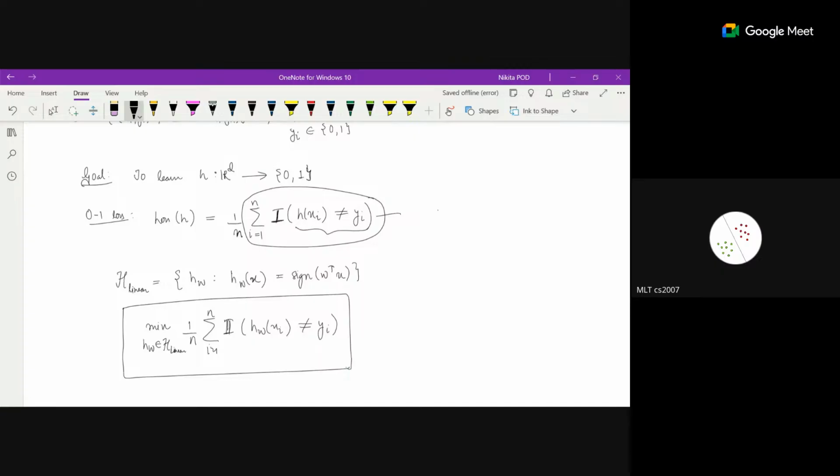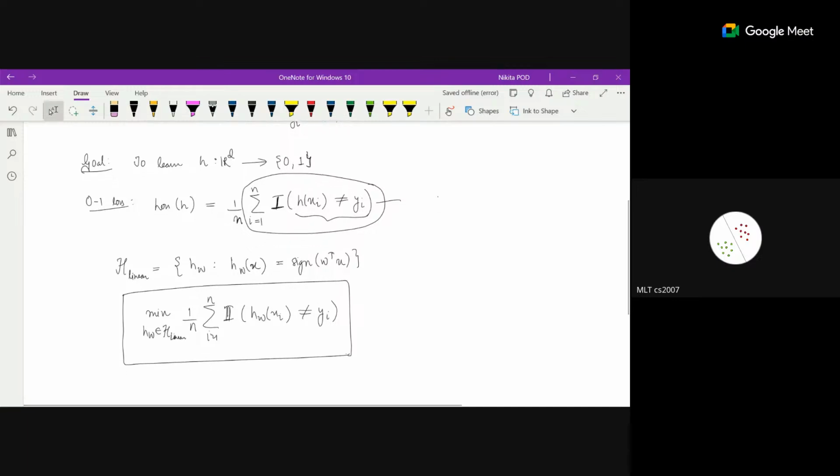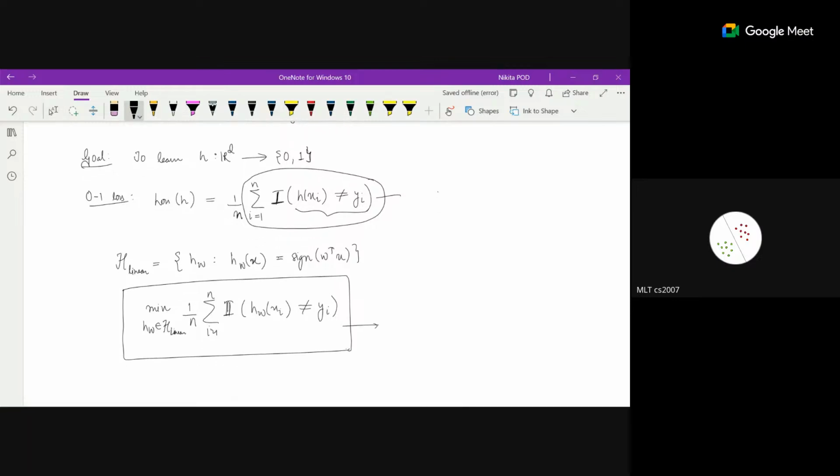Now the problem here is that this is an NP-hard problem. Because this is an NP-hard problem, it's difficult to find an h for which we can say the loss is going to be minimum, right?